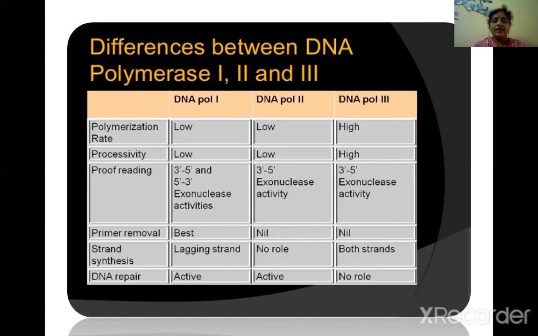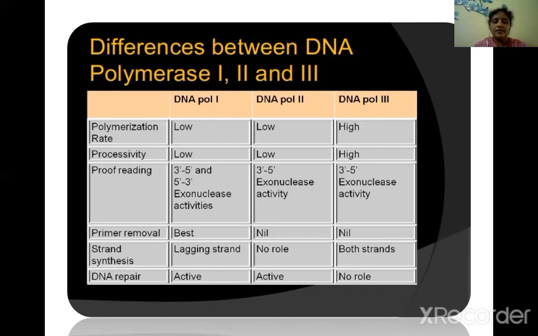The proofreading, which is 3 prime to 5 prime and 5 prime to 3 prime exonuclease activities, is very active in DNA polymerase 1. There is 3 prime to 5 prime exonuclease activity in DNA polymerase 2, and 3 prime to 5 prime exonuclease activity in DNA polymerase 3.